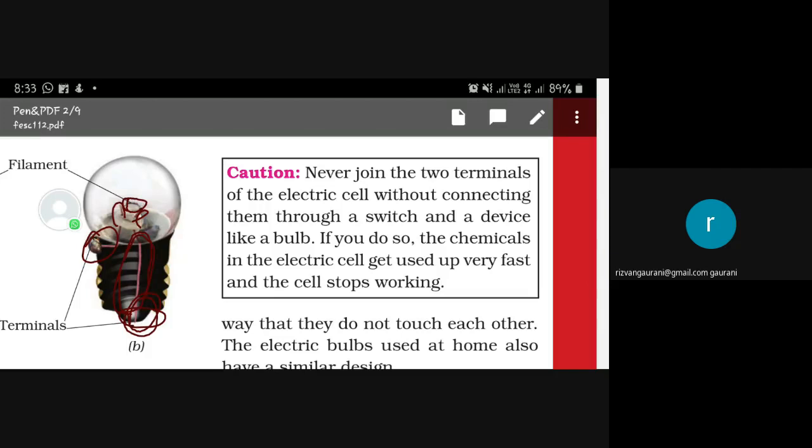If you do so, the chemicals in the electric cell get used up very fast and the cell stops working. So they have said never to join these two terminals.